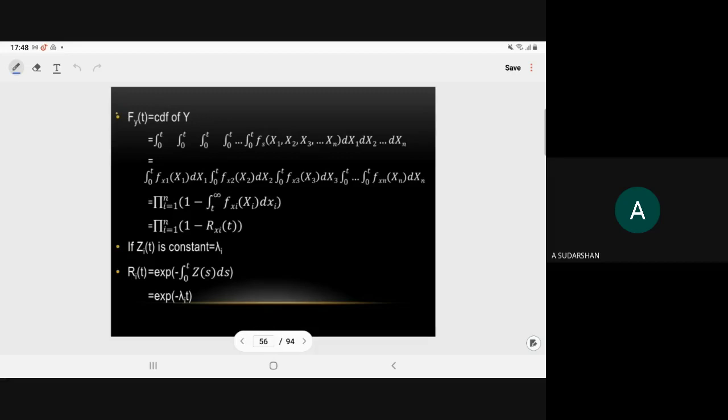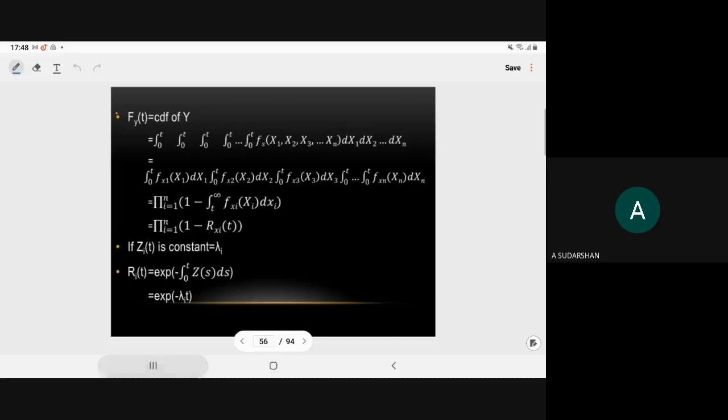Now if you have to compute the CDF of the Y, so CDF of the Y means FY(t). FY(t) is what? If you take the joint probability, integral 0 to t, 0 to t, 0 to t for the n component, fs having the n component x1, x2, xn, dx1 dx2 dxn.